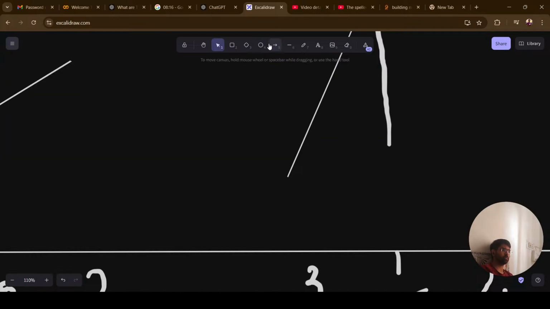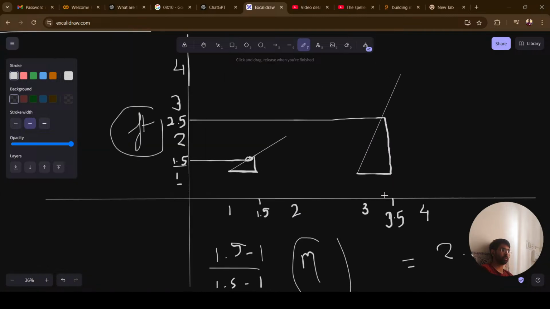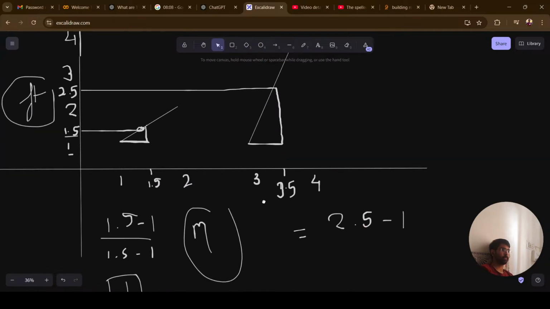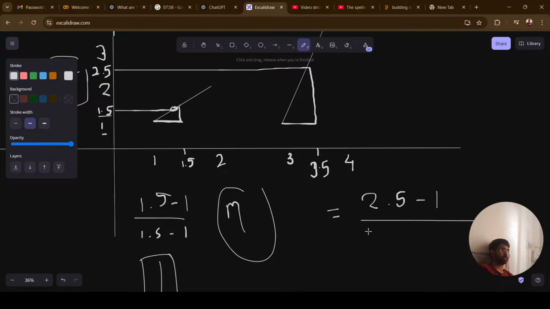So the value of y will be 2.5. This is 2.5 minus 1 upon 3.5 minus 3.